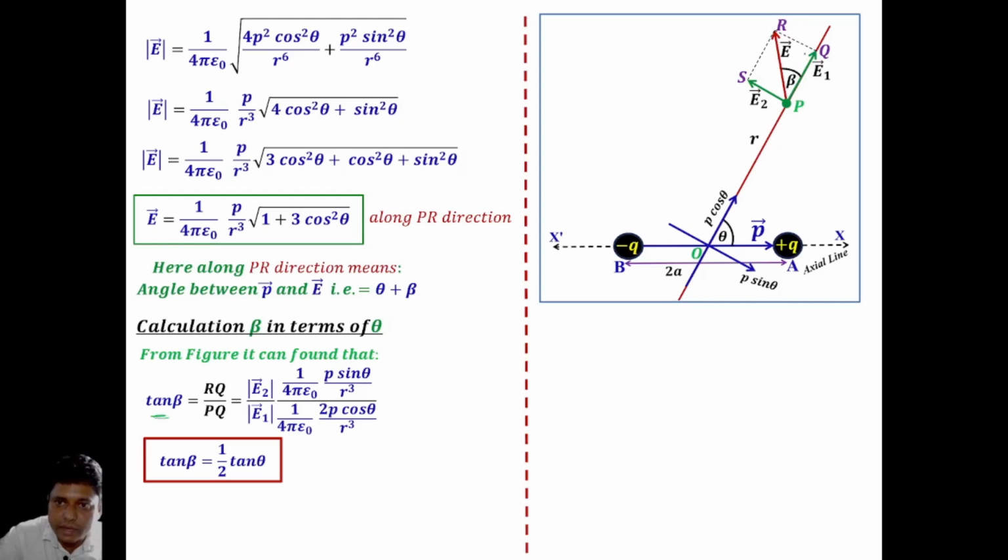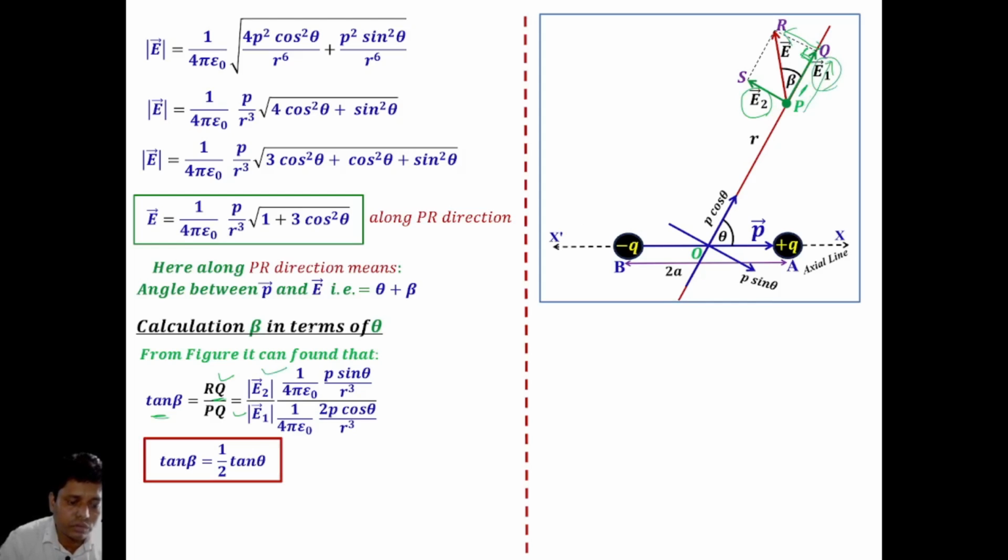If this is beta and this is your perpendicular and this is the 90 degree, then this will be RQ by the base, which is your PQ, same thing, it has been written RQ by PQ. Okay, and RQ is nothing but the magnitude of the E2 vector, and PQ is nothing but the magnitude of the E1 vector.